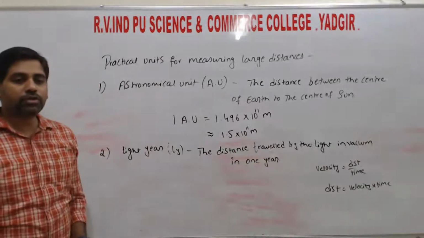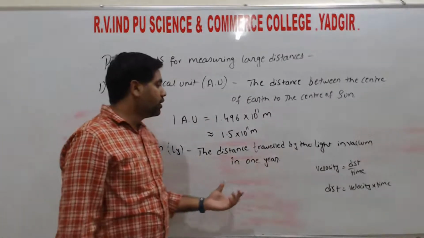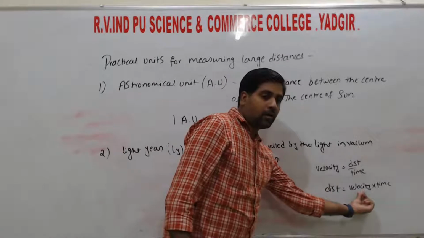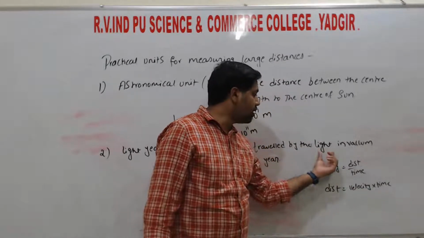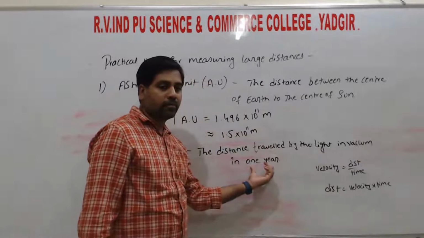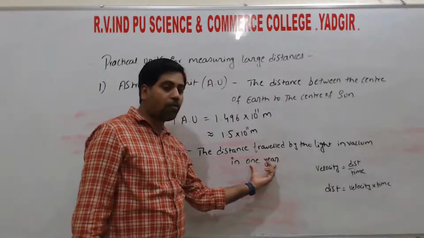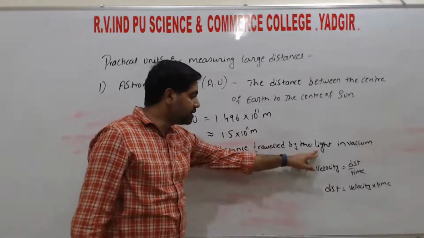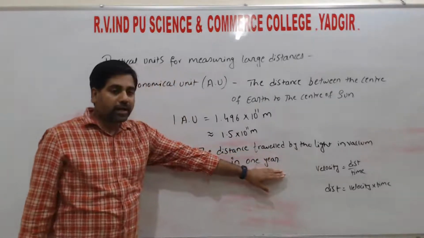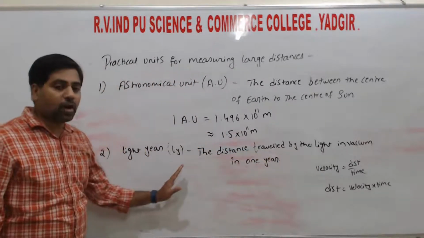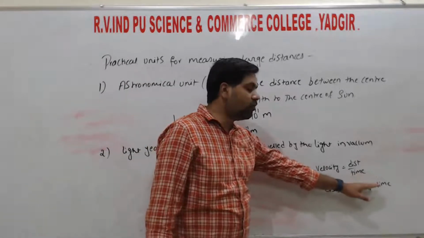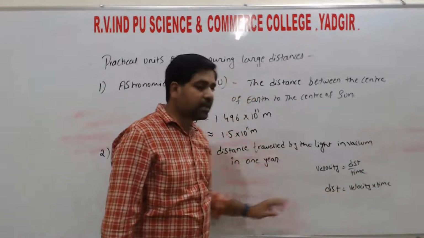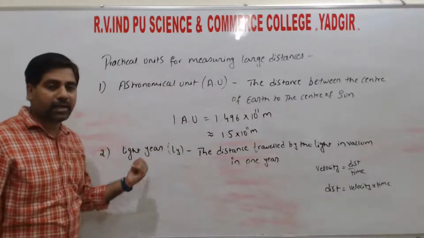Here it is the velocity of light. So light travels for the time, which is given as 1 year. The light is traveling for 1 year, then we get the distance covered by traveling with the speed of light in 1 year, which is given as the light year, right?